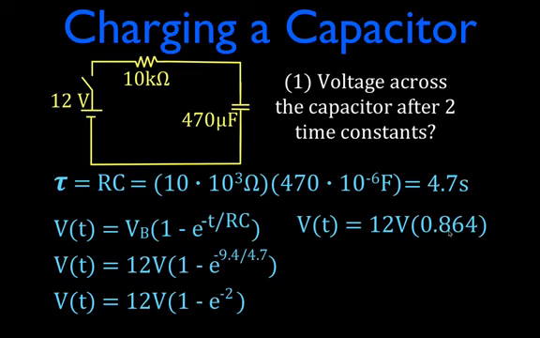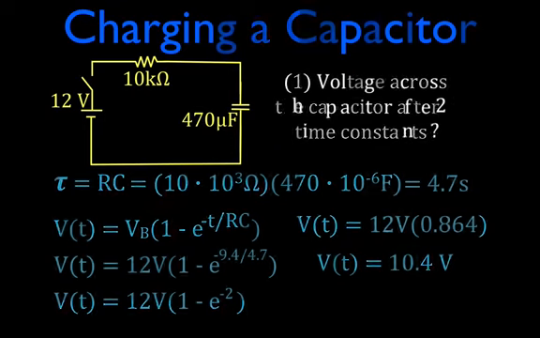After three time constants, it's like 95%, and then 98.2%, and after five time constants, 99.3%. But in this case, we had two time constants. You see that's 86.4% of the source, which tells us that the voltage across the capacitor for this circuit after two time constants will be 10.4 volts. All right?